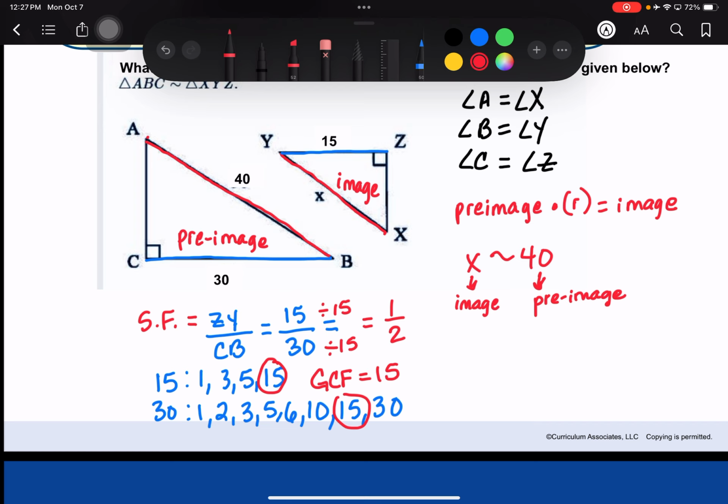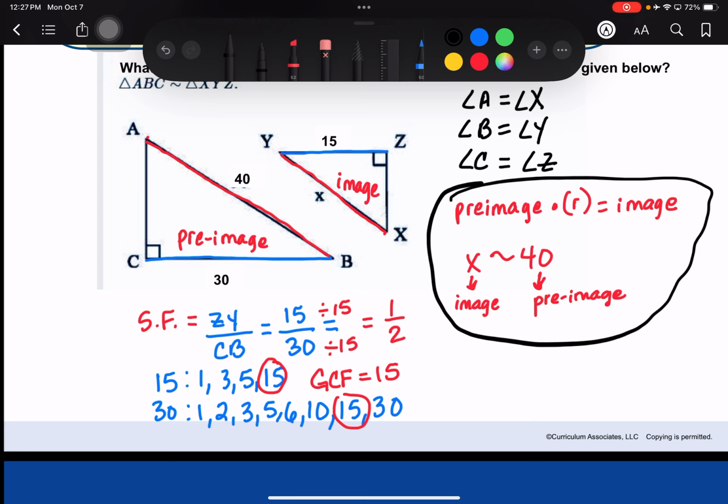What's the question? We're trying to find this image. This is what we're doing here, taking this formula. My pre-image was 40. The scale factor was 1/2. And that's going to give me my image. What's half of 40? 20. So my scale factor for x, my image is 20. So 20 is similar to 40.